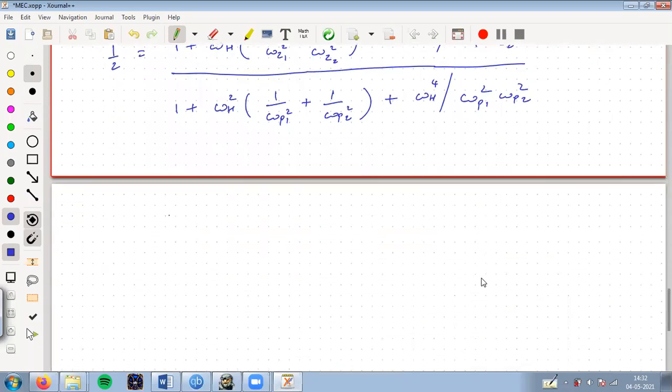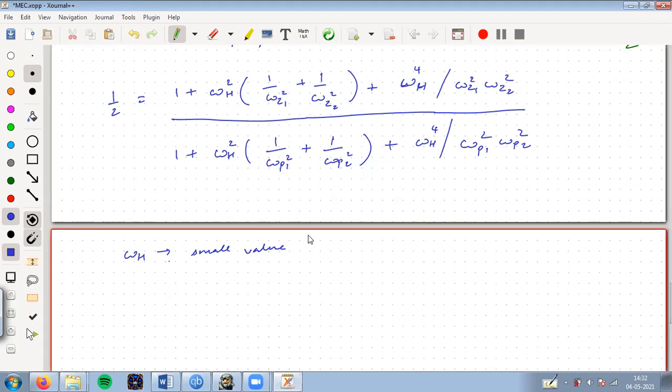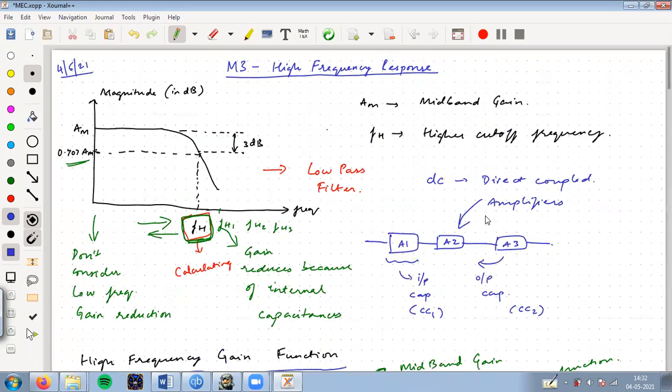And if you look at it, omega h is already a small value. We assume omega h to be a small value. Look at this response.